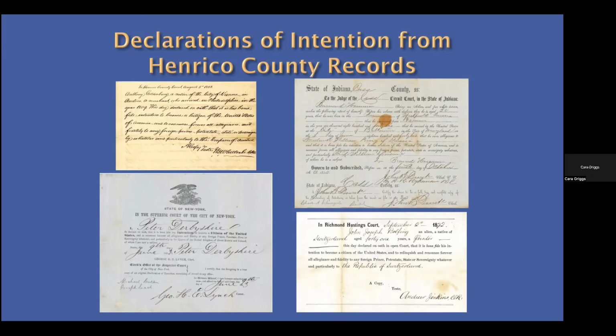Bernard Horseman's record from Cass County Circuit Court, Indiana, lists his age, where he was born, the year, and from where he immigrated, the date and place of his arrival in the U.S. and the country of his current allegiance. John Joseph Bolfing's record from the Richmond City Hustings Court lists his occupation and country of origin. So, as I said, these records have standard questions, but they don't have standard forms. So court clerks can always include extra questions if they wish.